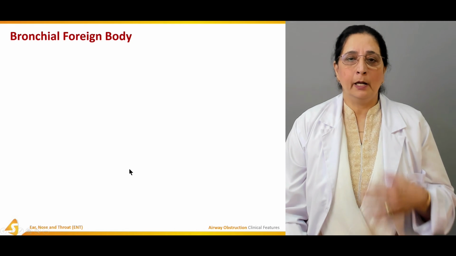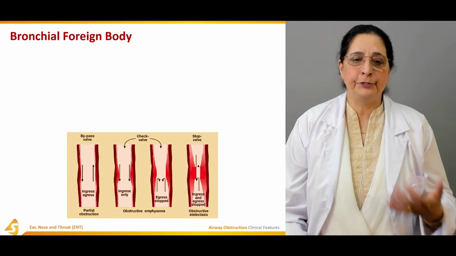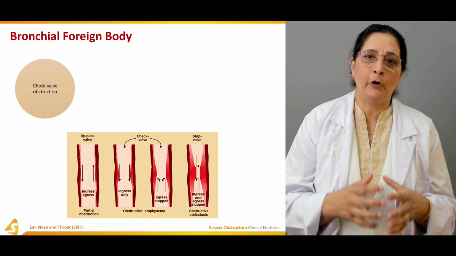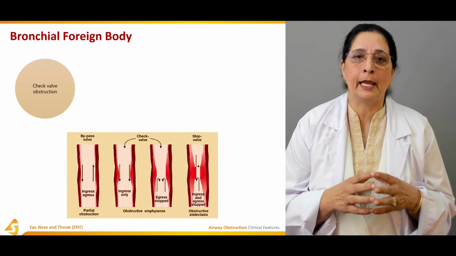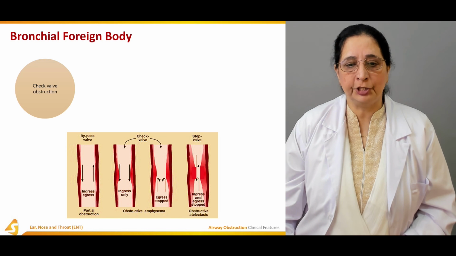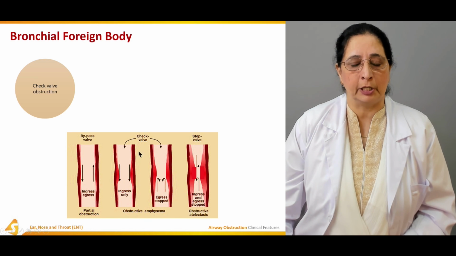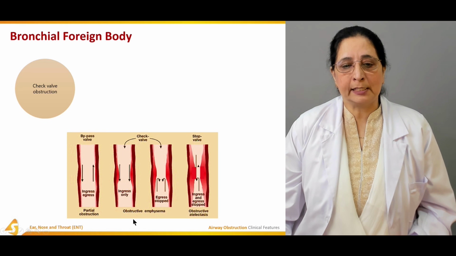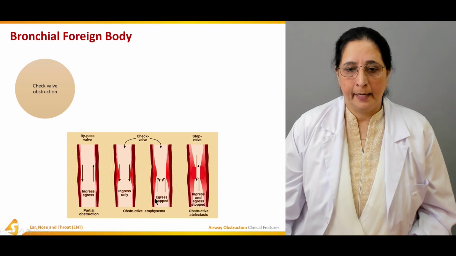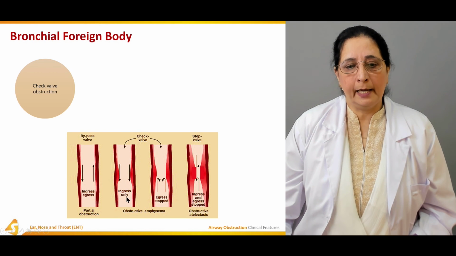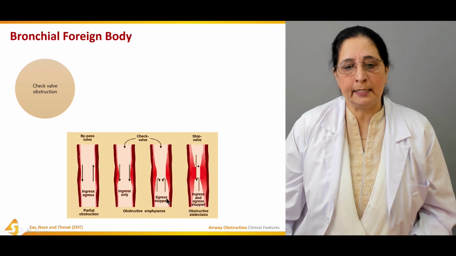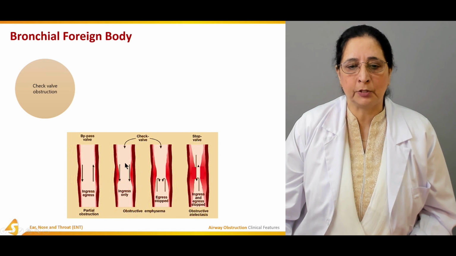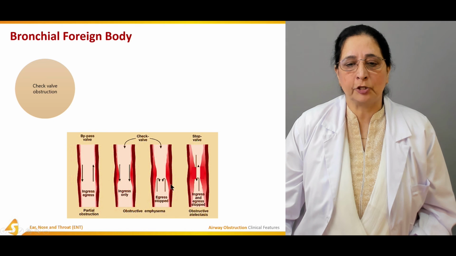Now, check valve obstruction: if the foreign body is in the bronchi, it can cause check valve obstruction. Check valve obstruction can cause obstructive emphysema. Here you can see ingress only, and then both ingress and egress; with ingress only, egress is stopped.